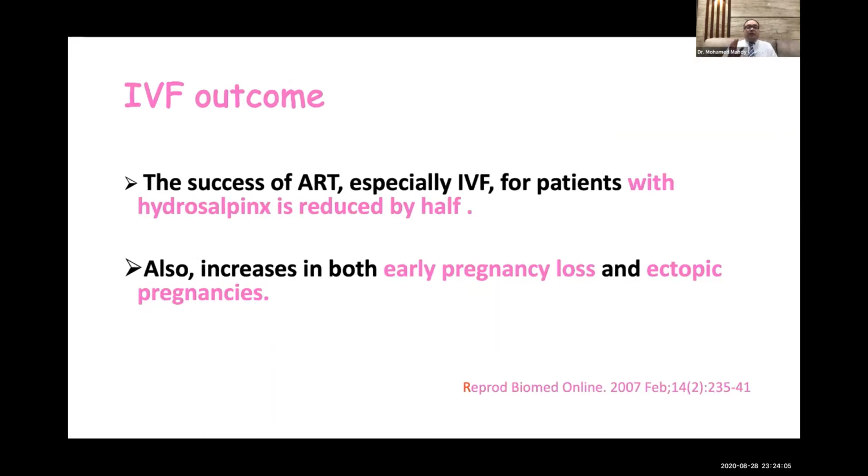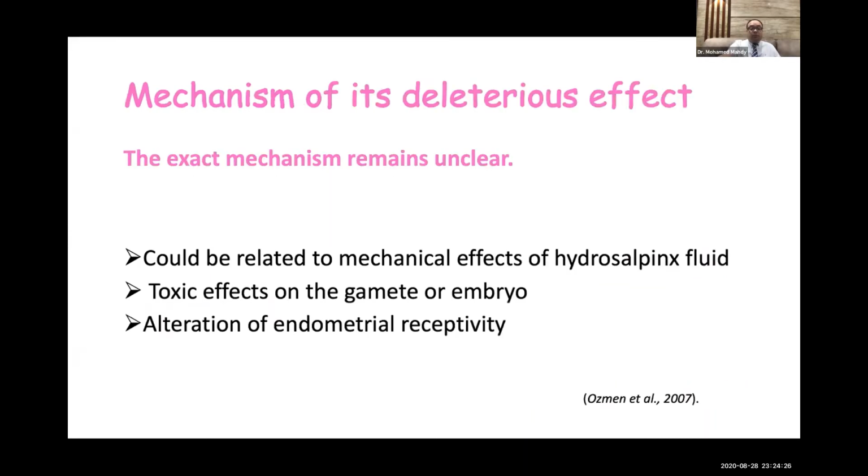So does it have a bad effect on IVF outcome? Yes, of course. Studies found that the success of ART, especially IVF, for patients with hydrosalpinx is reduced by half. Also, there is an increase in the percentage of early pregnancy loss and ectopic pregnancy in cases of hydrosalpinx.